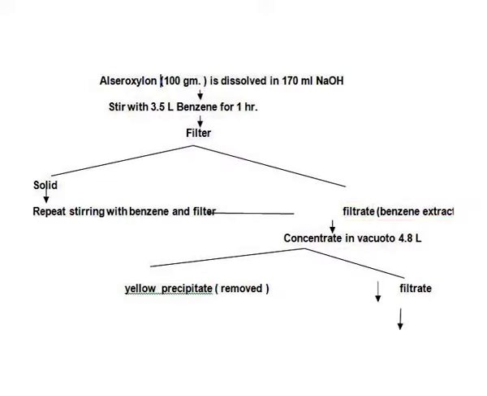They are then concentrated in vacuum to about 4.8 liters. On concentration, you get a yellow precipitate which is removed, and the filtrate contains the main alkaloid.